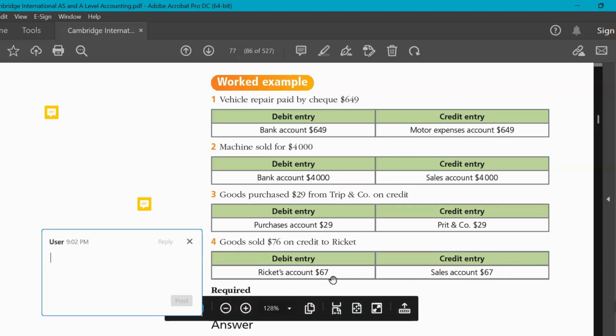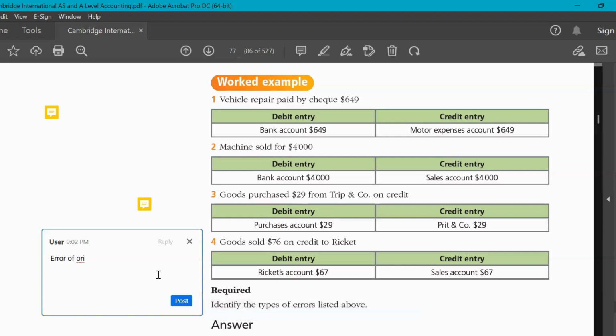But then the number is wrong. So if the number is wrong, then that is the error of original entry, because the amount was copied wrongly. It was 67 instead of 76. And both the debit and credit agree, right? They are the same. But the figure in the transaction is incorrect.